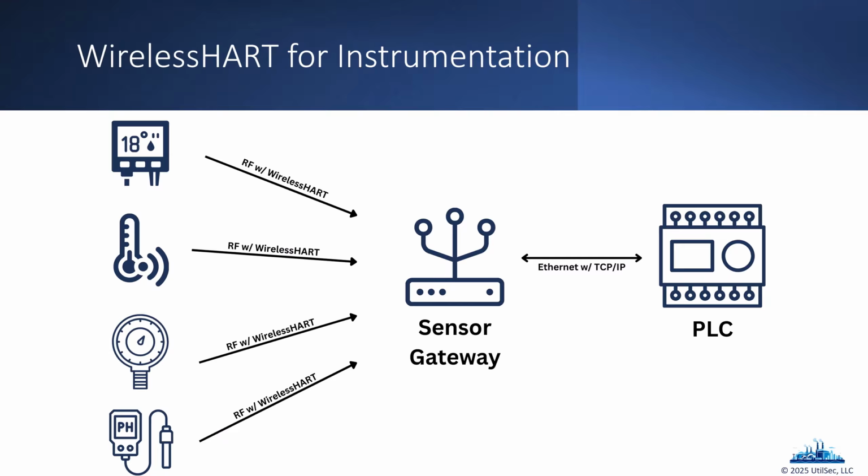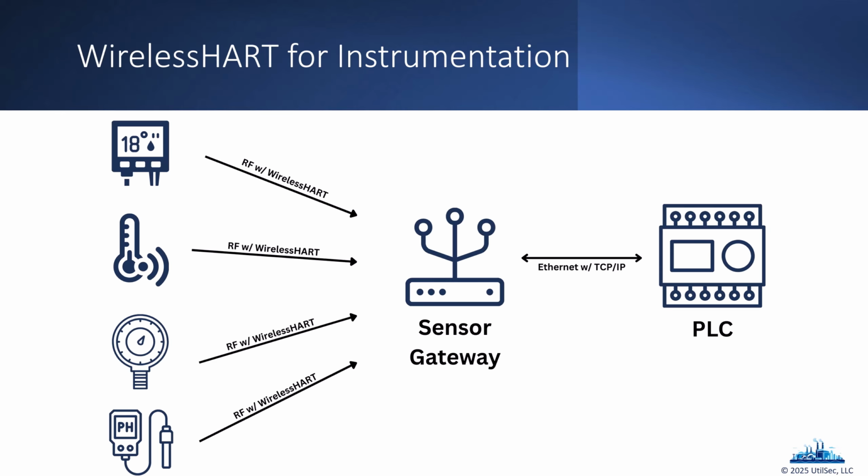So what we can do is have those sensors report in data over a wireless connection using wireless HART, which actually does have some basic form of encryption. And it sends the data to the sensor gateway. The sensor gateway collects the data from the sensors over the wireless connection, and then it's physically wired to the network that it shares with the PLC, so it can get the PLC the data.